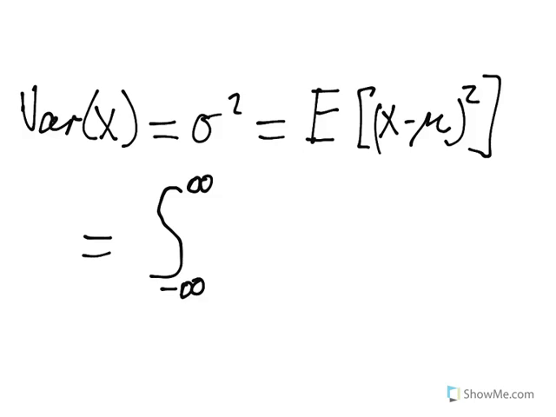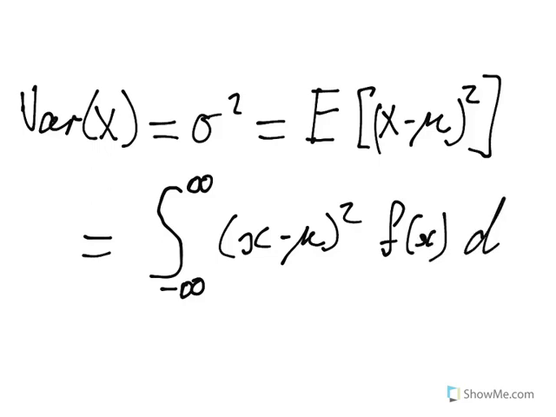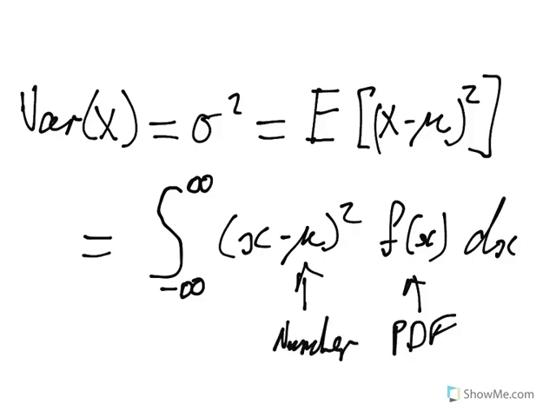So x minus the mean squared times the function dx, and the function, of course, is your probability density function. The mean is a number that we've worked out. We stick them in, and we would use our calculator to do that for us, more than likely.